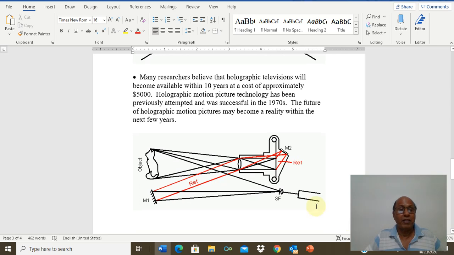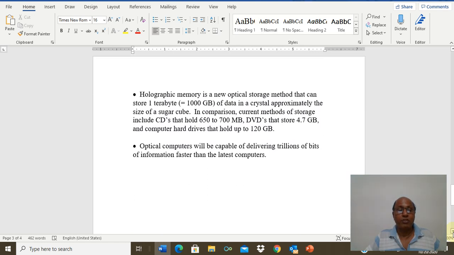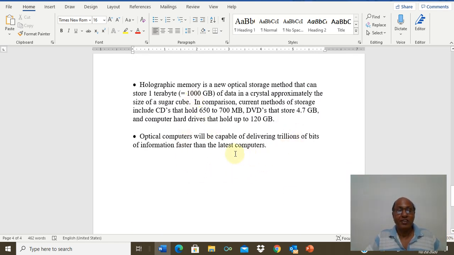So this is another application where holographic televisions will be available. Then there is another application, optical computers, and these optical computers will use holographic memory. You will have storing capacity of 1 terabyte, 1000 GB. At present, you have computers in the range of 120 GB.